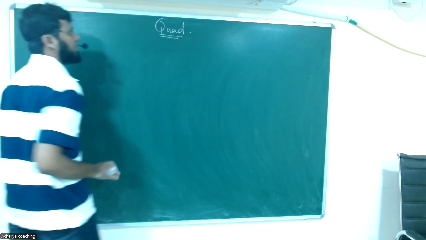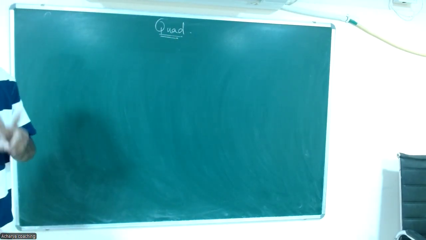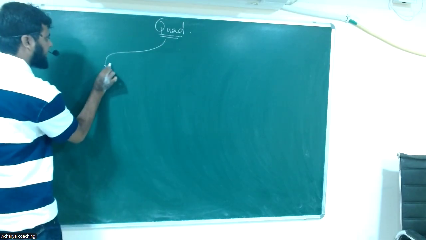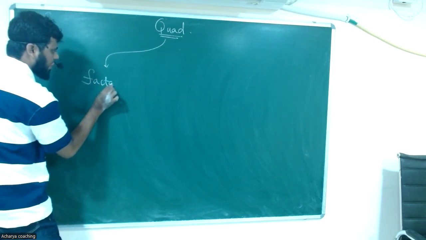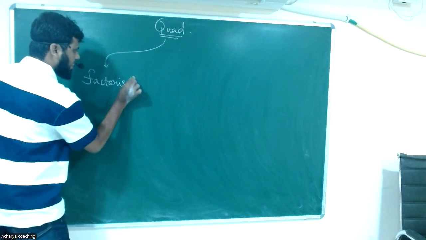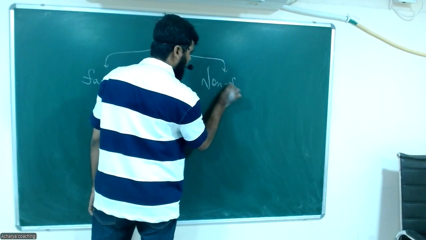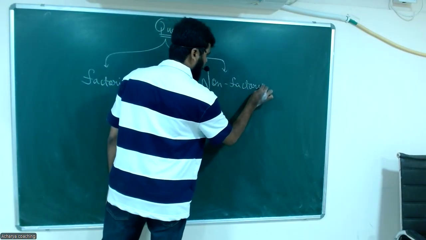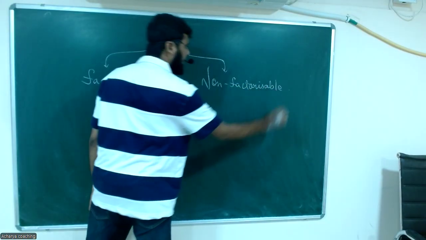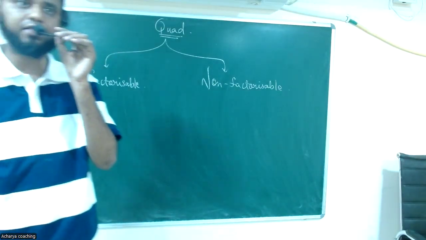See here, a quadratic is there, right? We have two types. One is factorizable. The other one is non-factorizable. One quadratic we can factorize. The other quadratic we cannot factorize.